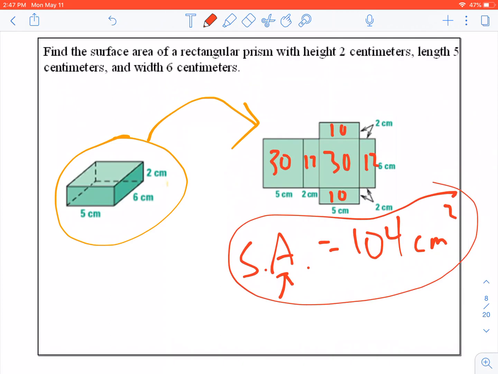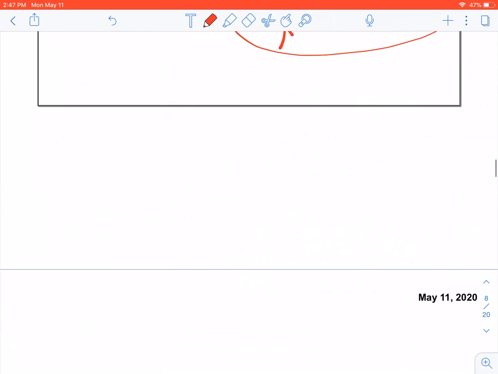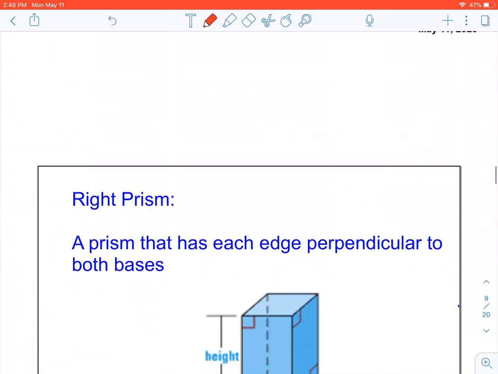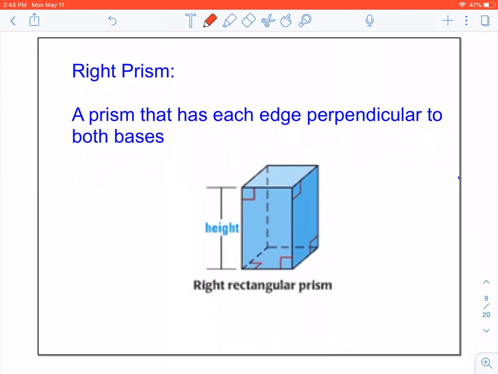So as you're going through, it may be difficult sometimes to try to find that net of our drawing, right, and go through and try to do it. So we're going to take a look at another way to do it. When we look at our prisms, most of the prisms we work with are going to be a right prism. We'll talk about a different kind here also, but most of the ones you're used to seeing are known as a right prism.